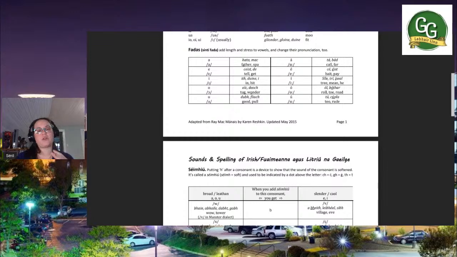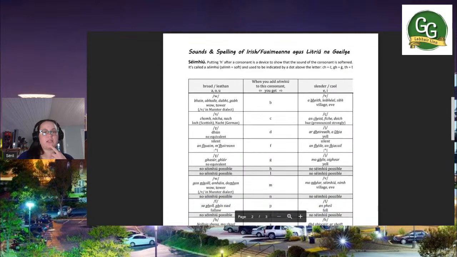The A has the fada on it to make the vowel sound that you want. So Seán. We want that aw sound there. Even when you see a combination of vowels, oftentimes the one with the fada is going to have the most pronunciation on it. So that may help you in some ways.